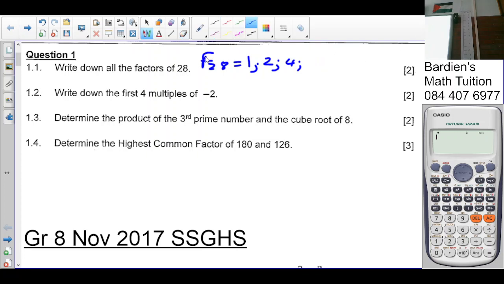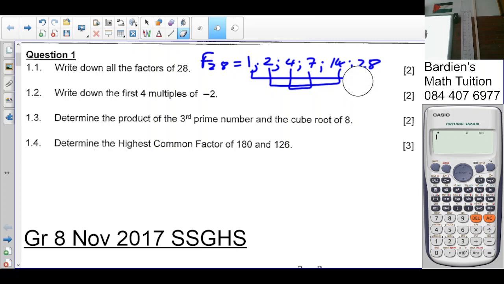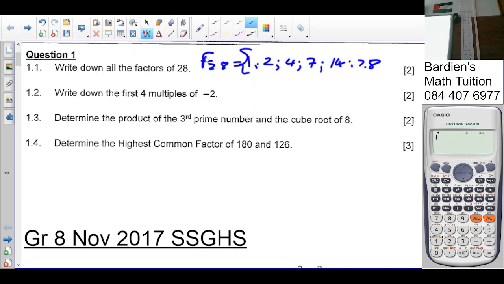Okay, no problem. 14, 28. And we tested 1 and 28, 2 times 14 and 7 times 4. Yes, I've considered all the factors. And normally when we list, we put it in that bracket. If we didn't put it in that bracket, it's fine.